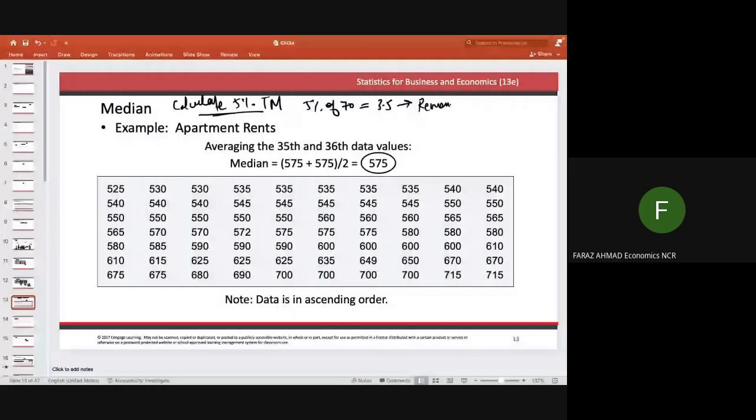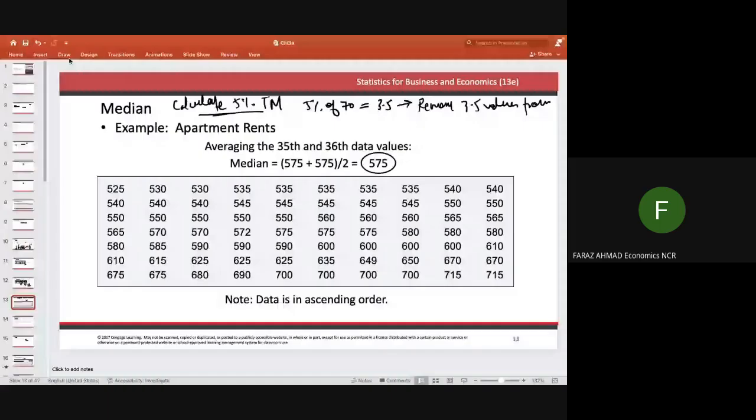So remove 3.5 smallest values and remove 3.5 biggest values from the data set.